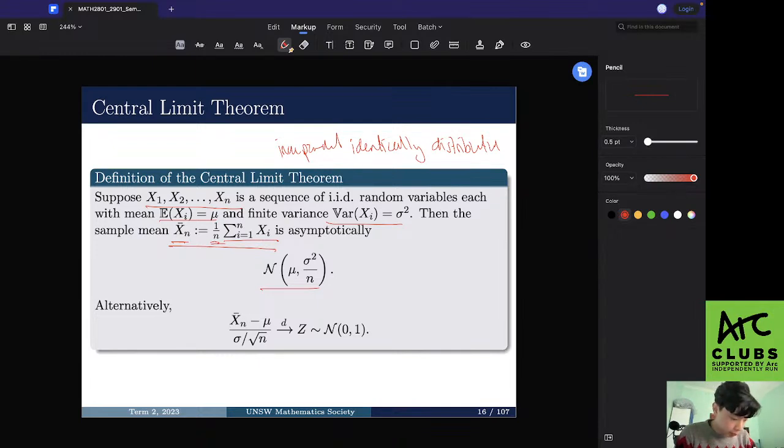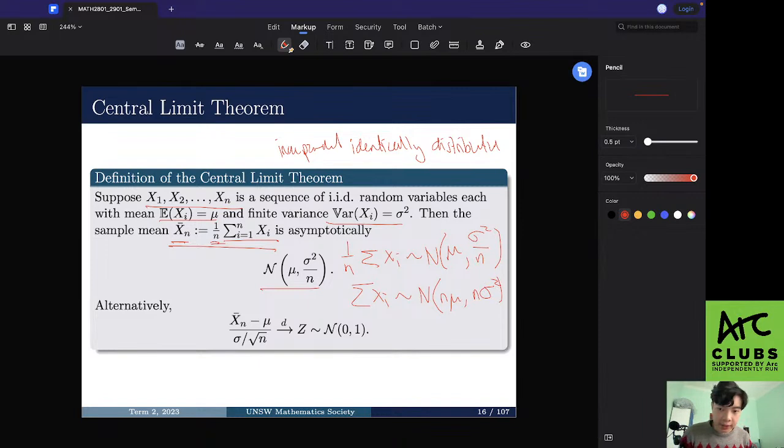So since we know that 1 on n times their sum is approximately the normal distribution with mean mu and variance sigma squared on n, when we multiply both sides by n, we get that the sum is also normally distributed with a mean of n mu and a variance of n sigma squared.